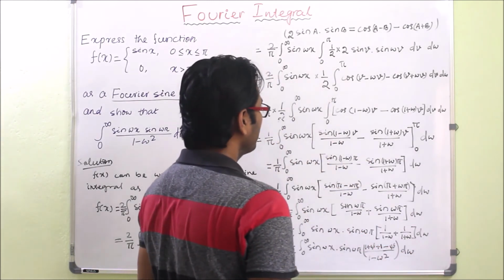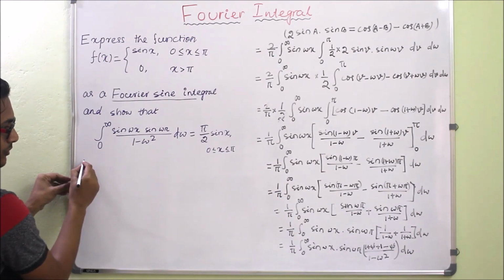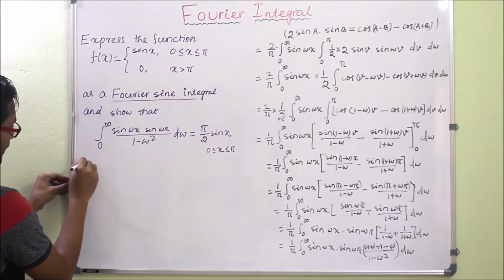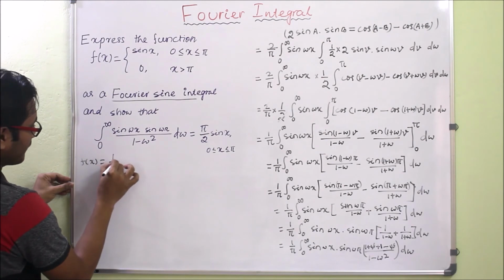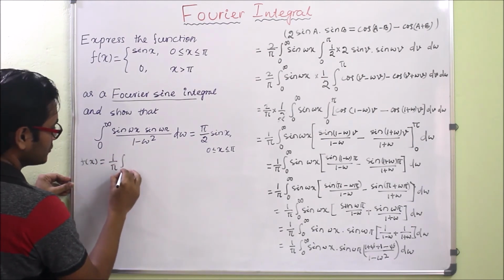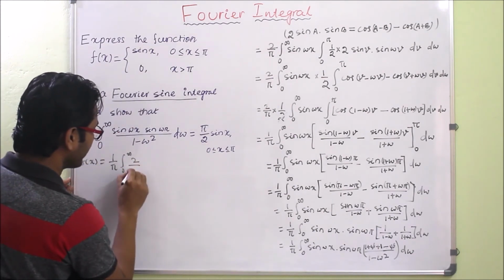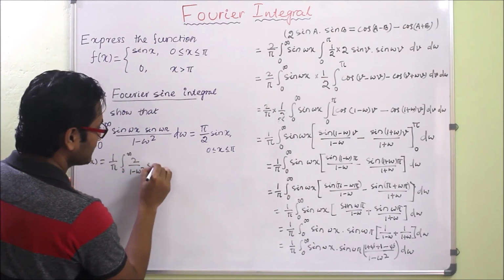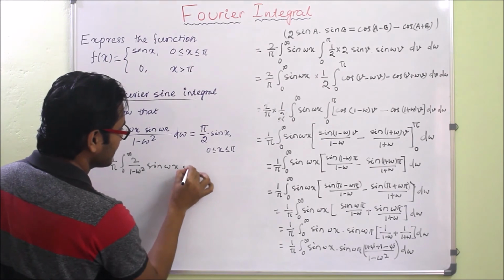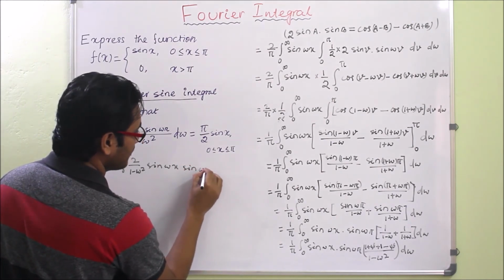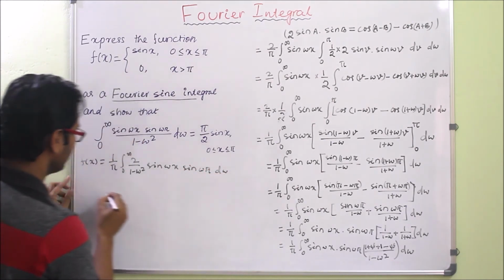So now we will get f of x equal to 1 by pi times 0 to infinity, 2 by 1 minus w square, sine wx sine w pi dw.